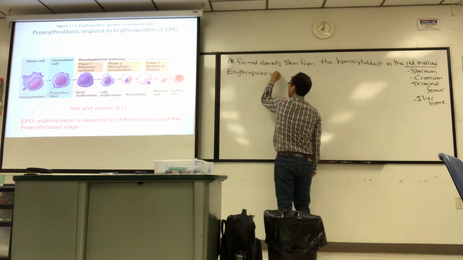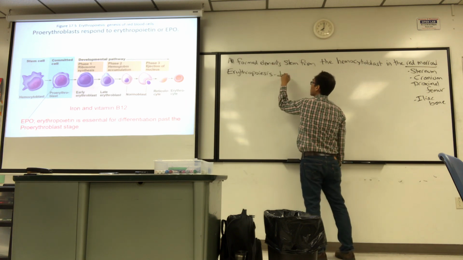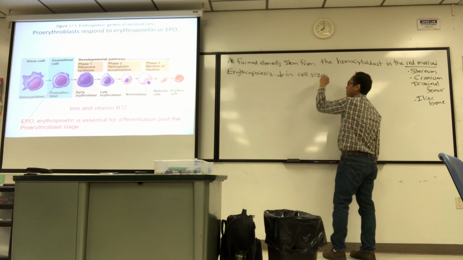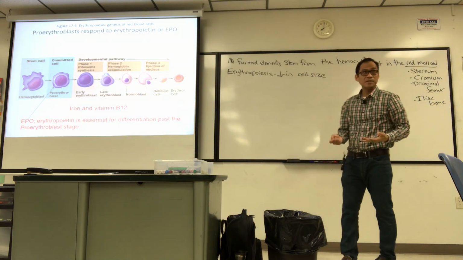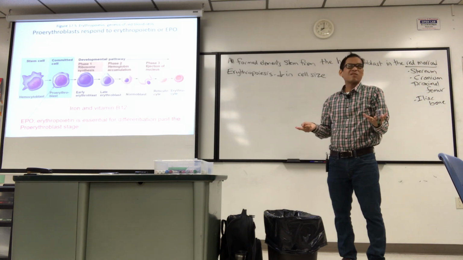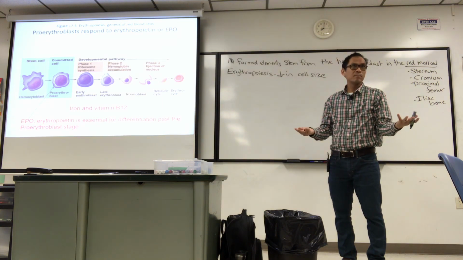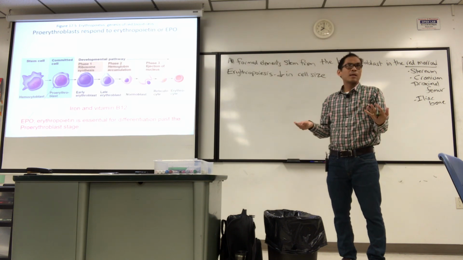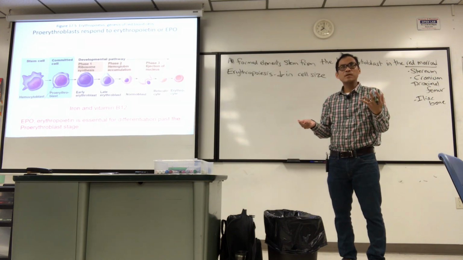Formation of red blood cells, erythropoiesis, kind of decreasing cell size. What's happening is as you progress through these phases, you're kind of just ejecting organelles as you don't need them. Okay? Because let's remember, this is floating in the blood. I mean, what are the smallest blood vessels you have?